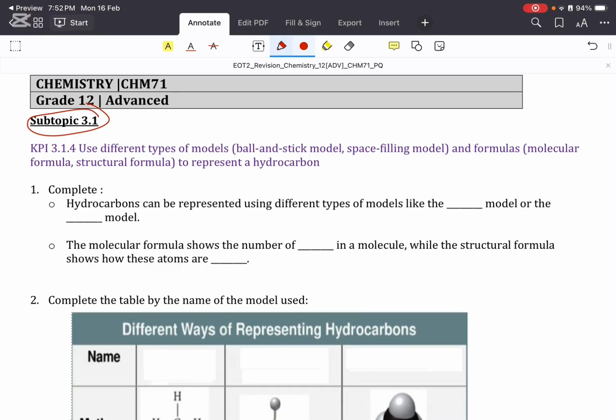Hydrocarbons means the compounds made up of hydrogen and carbon. So hydrocarbons can be represented using different types of models, so I have the ball and stick model or the space filling model.